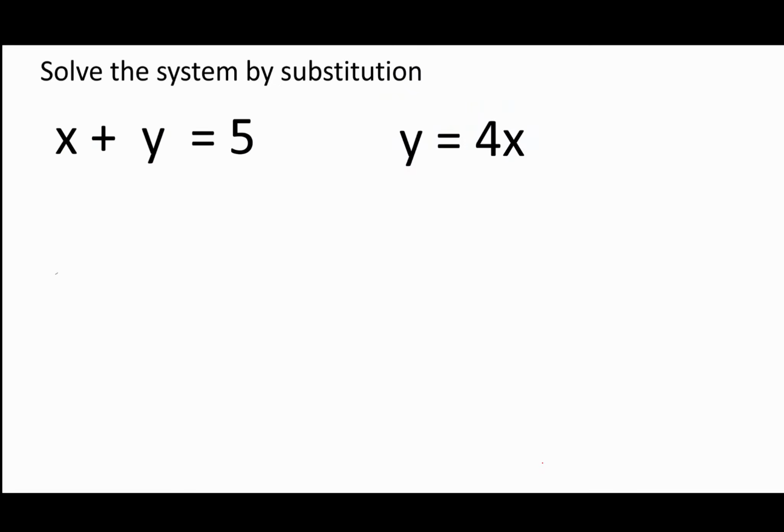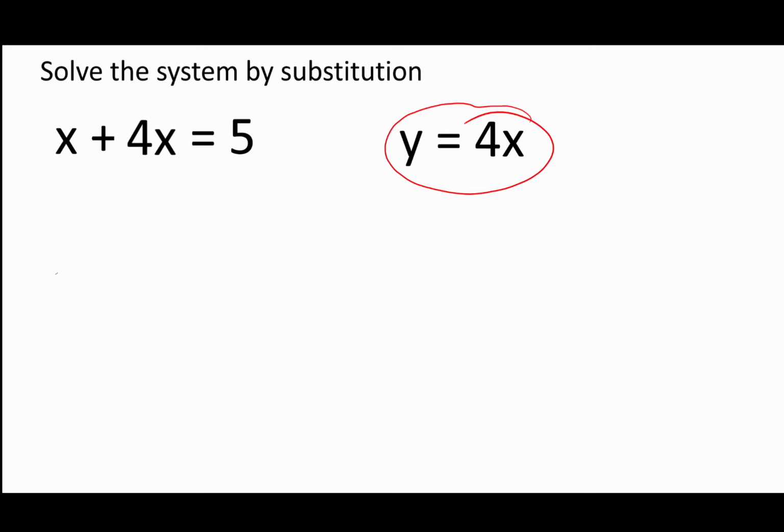So when I'm given two equations, as we learned early on in the year, substitution means just to substitute something in for what it's equal to. So in this case, y is equal to 4x. So we are going to substitute in 4x for y.